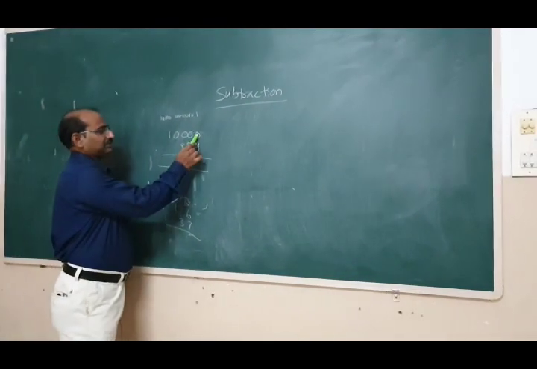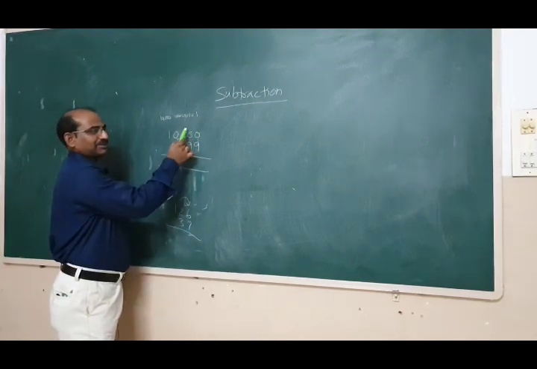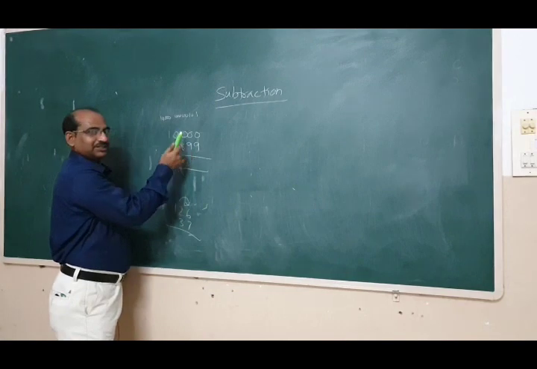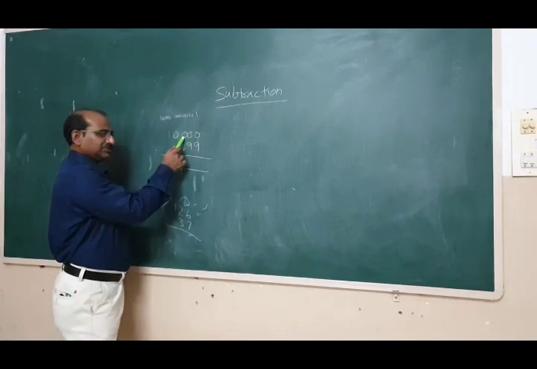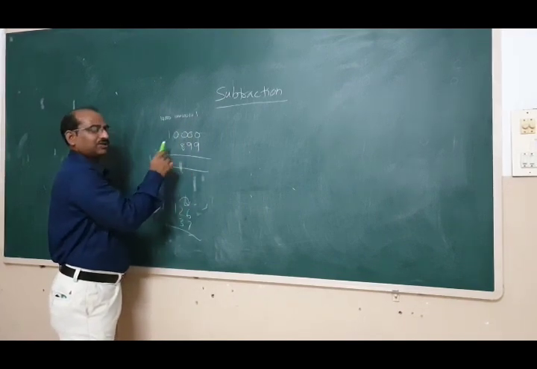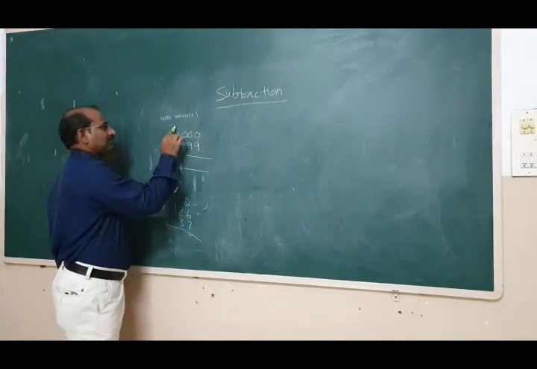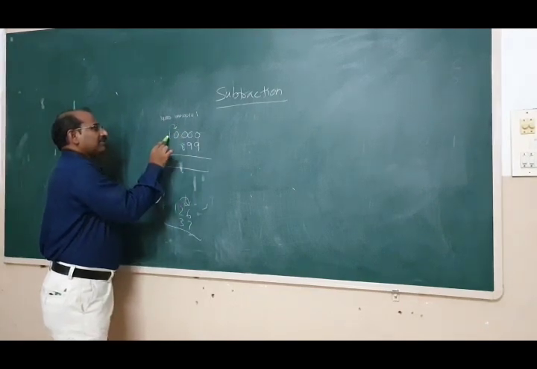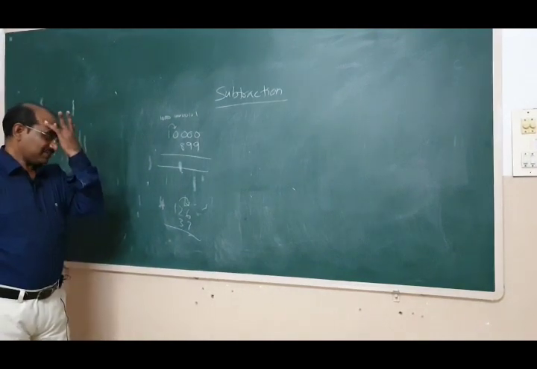So here subtraction is not possible. Next you have to borrow from here. Here also there is no value, 0, again 0. So we can't borrow from 0. From here we have to borrow. So the value of this one is 10,000.